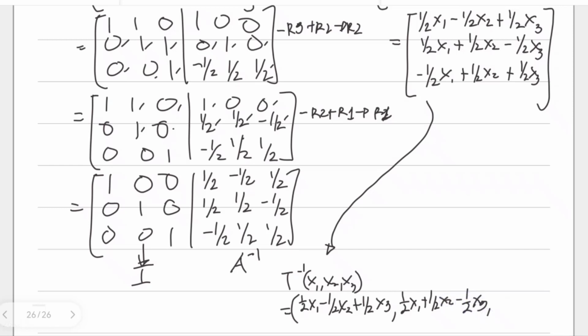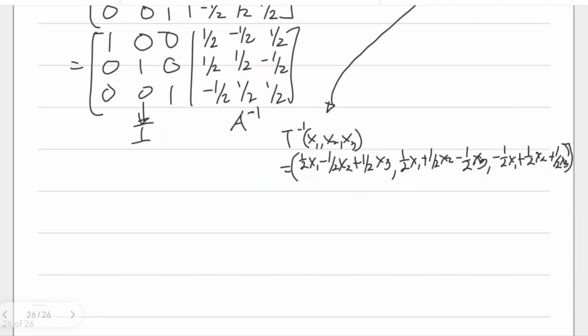And then negative 1 half x sub 1 plus 1 half x sub 2 plus 1 half x sub 3. Okay? Or you could always factor out 1 half rather. So we'll have here 1 half of this form, x sub 1 minus x sub 2 plus x sub 3.